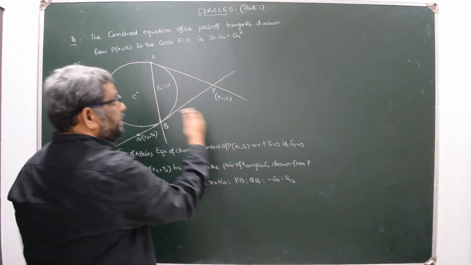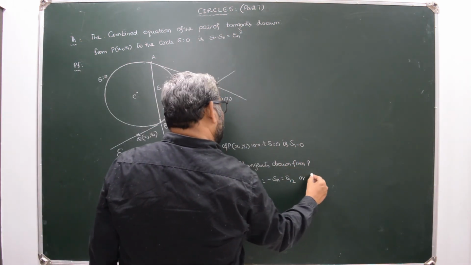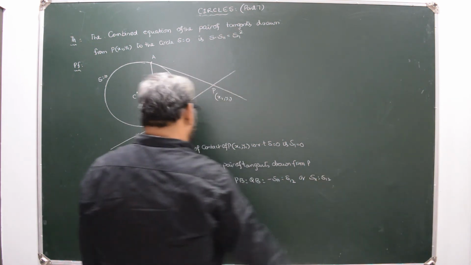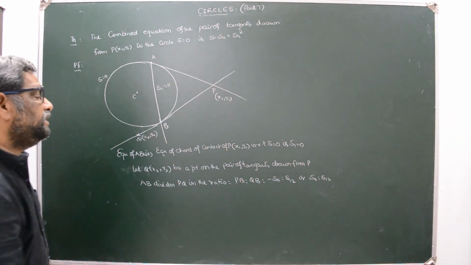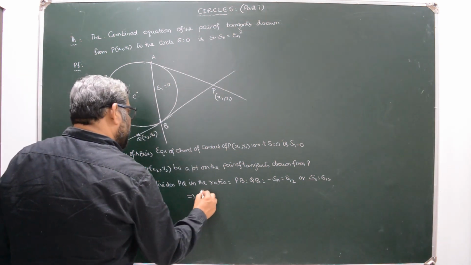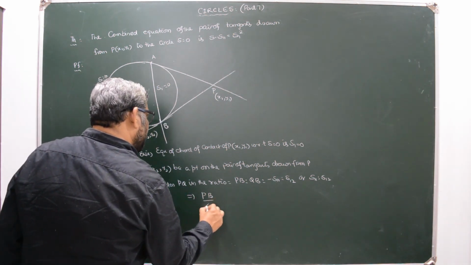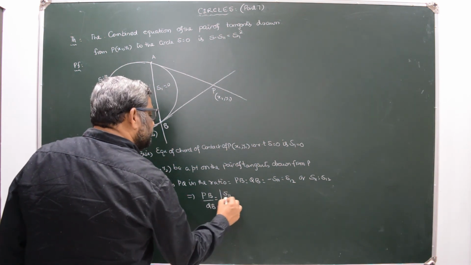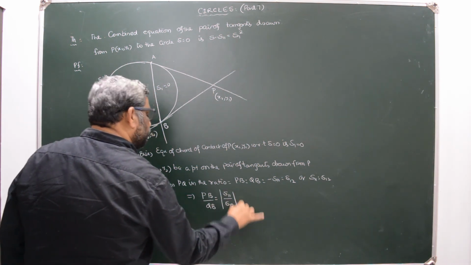Of course, if the point is on the other side, this can also be taken as S11 is to S12, depending on the internal division and external division. That is, PB by QB is equal to modulus of S11 by S12.